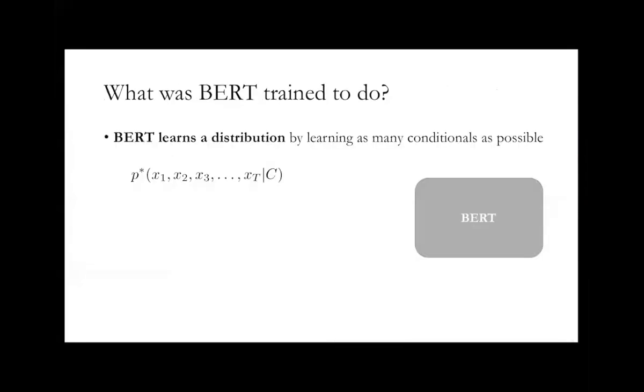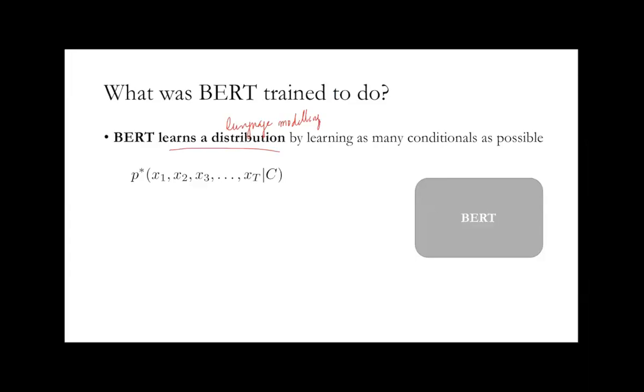Let's think about what BERT was trained to do. BERT learns a distribution, and what that means is that it is a language model. Throughout this week, what we have learned is that a language model learns a distribution over all possible sentences or natural language texts.